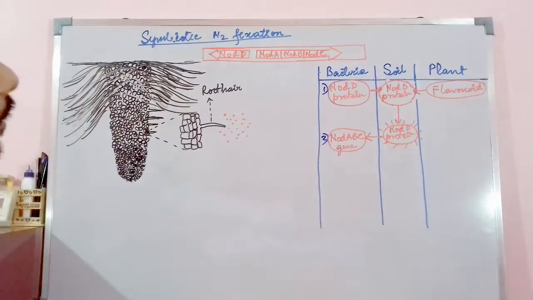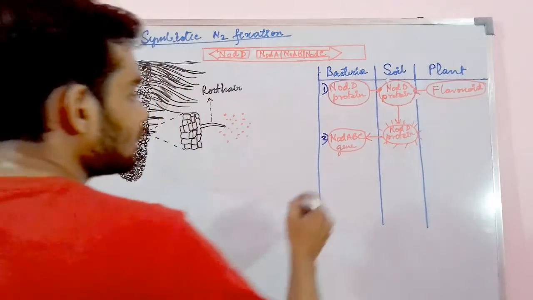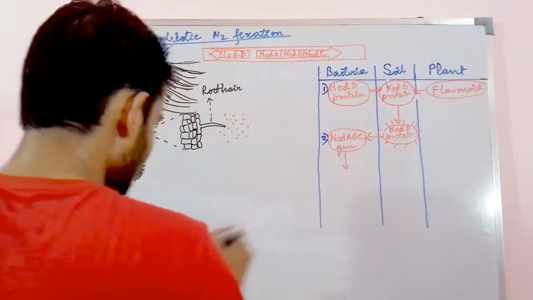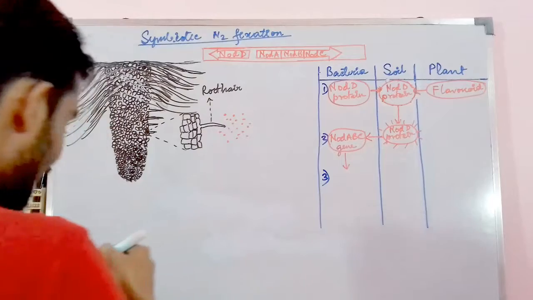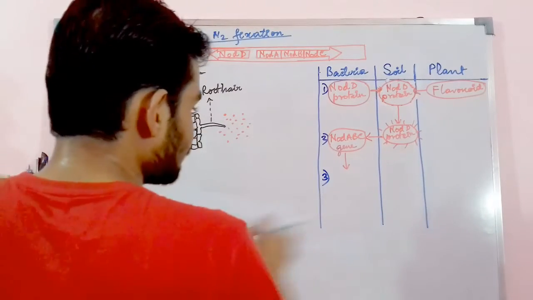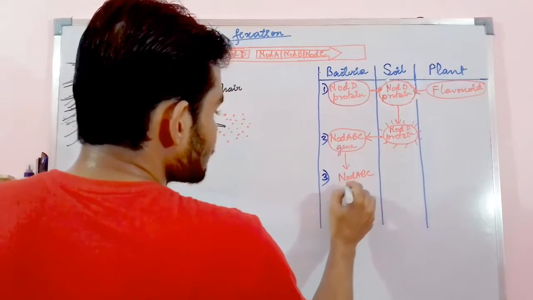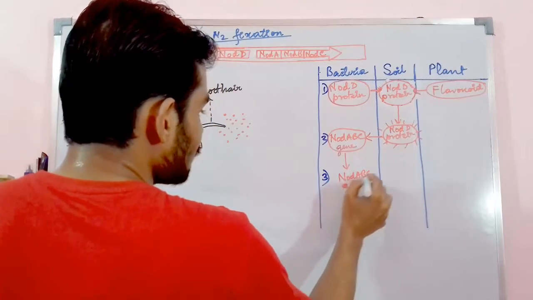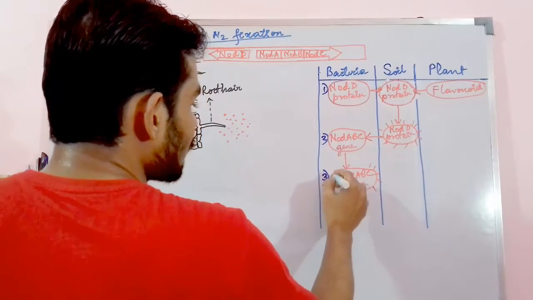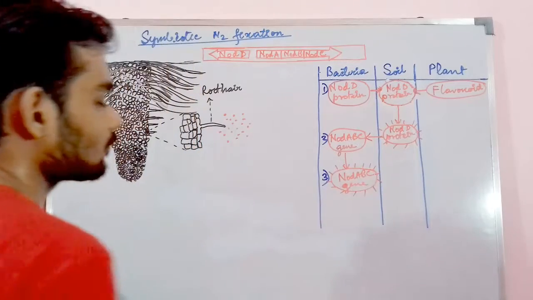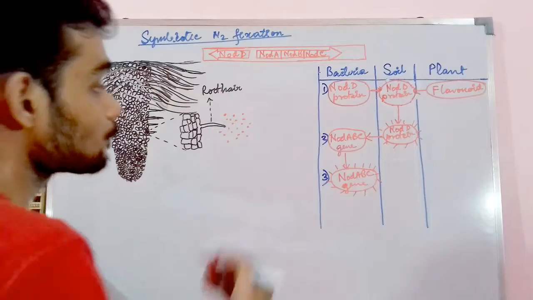When it targets the NOD ABC gene, this gene will get activated. In the third step, once the NOD ABC gene is activated, it will activate the transcription factors and transcribe the RNAs, which will produce proteins.